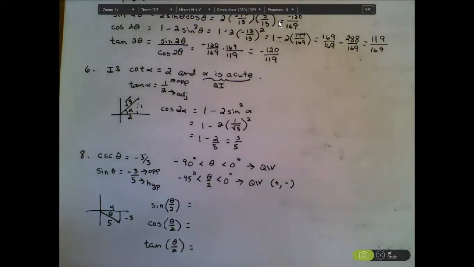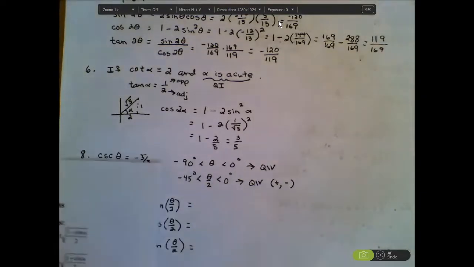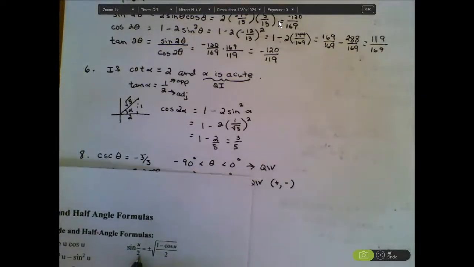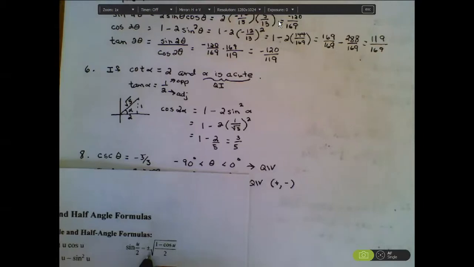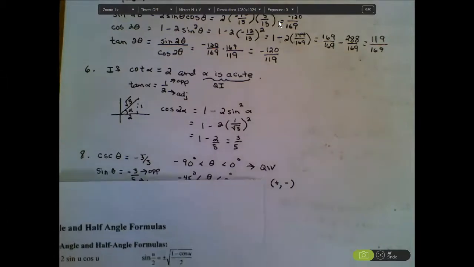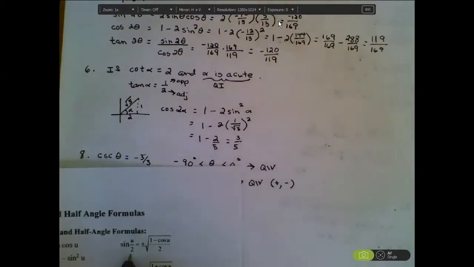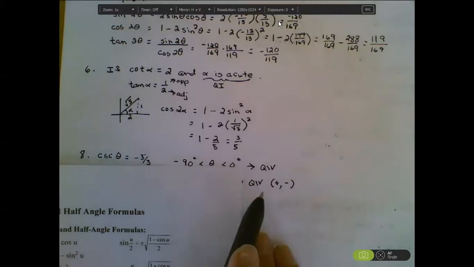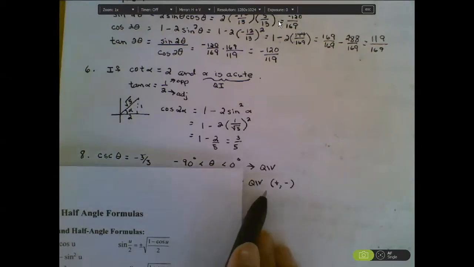So for sine of a half theta, here's where I hit the plus or minus, and I have to know whether to use the positive or the negative square root for sine of a half theta. Well, sine is your y coordinate, and we said theta over 2 is in the 4th quadrant.